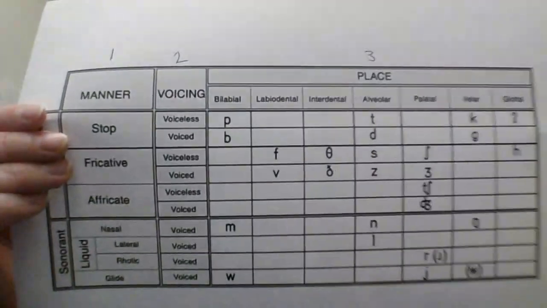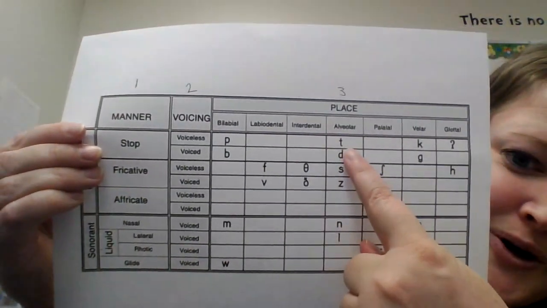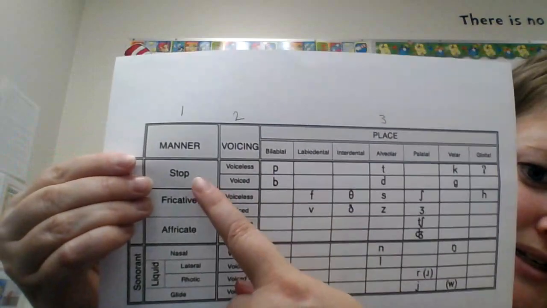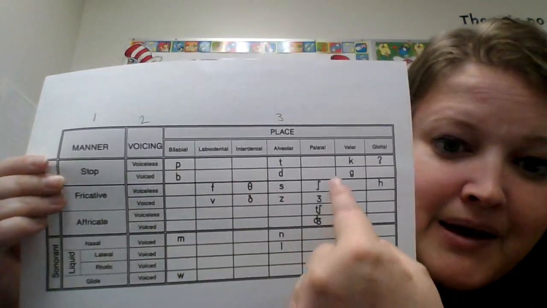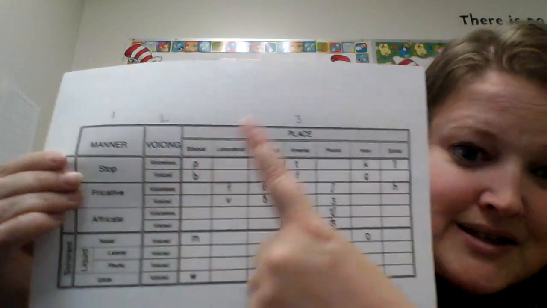If you have questions about what one is, some of them you can tell, some of them are a little different. P is a voiceless bilabial. K is a voiceless stop, and it's produced in the velar place.